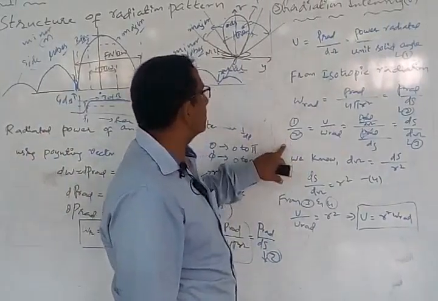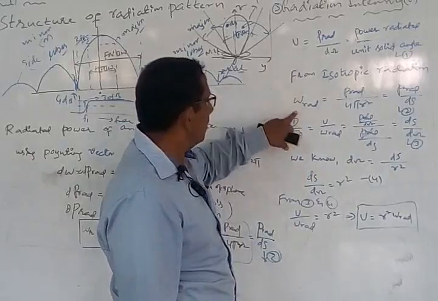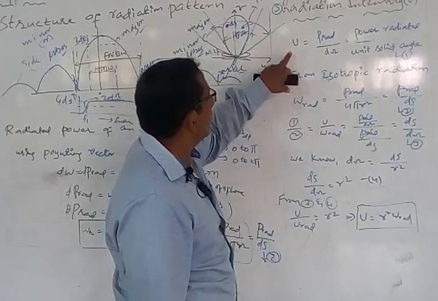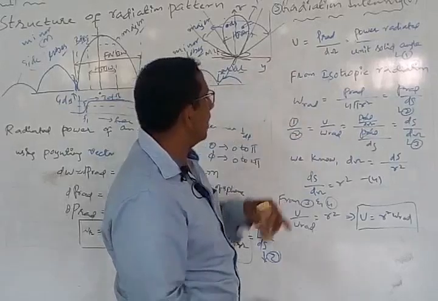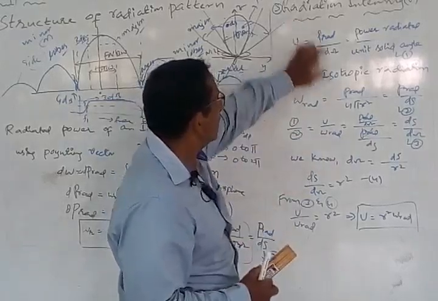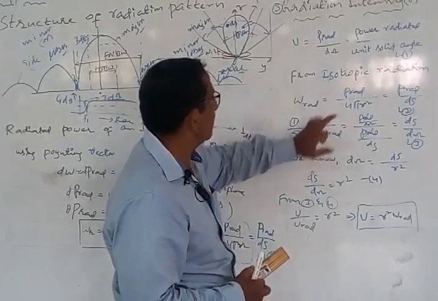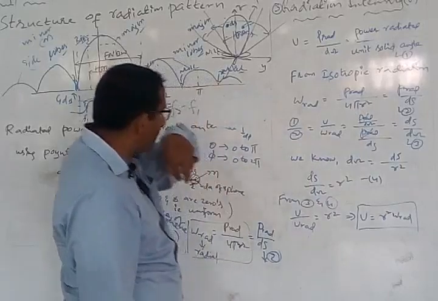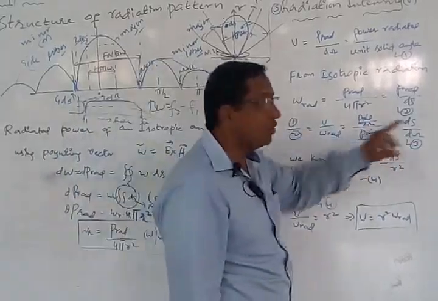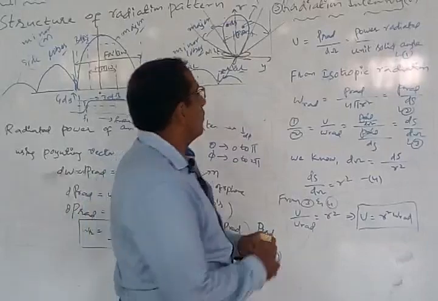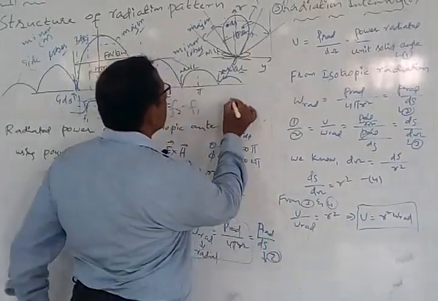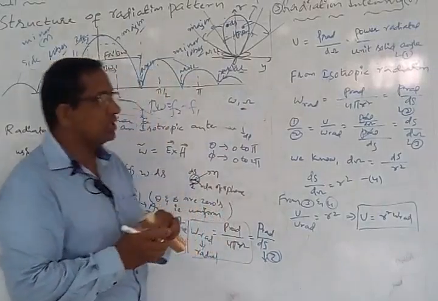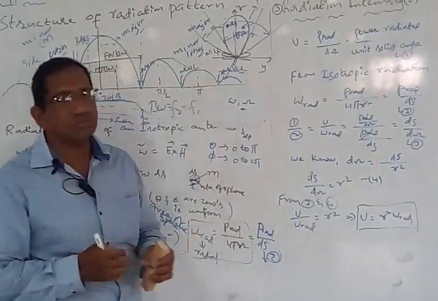So 1 by 2 is U by W rad, radiation intensity per radial power, equal to P rad by d omega whole divided by P rad by ds. Finally I will get ds by d omega. What is the omega symbol? This is omega, and this is also omega, one capital case and another small omega.